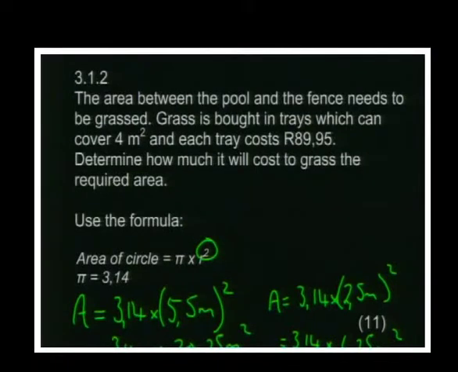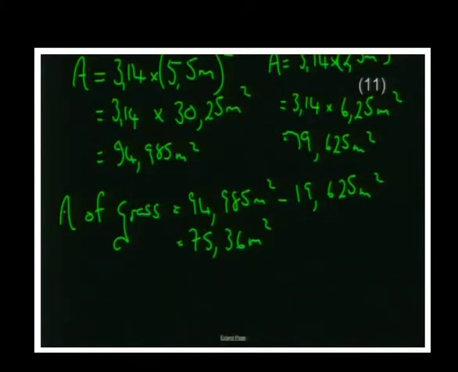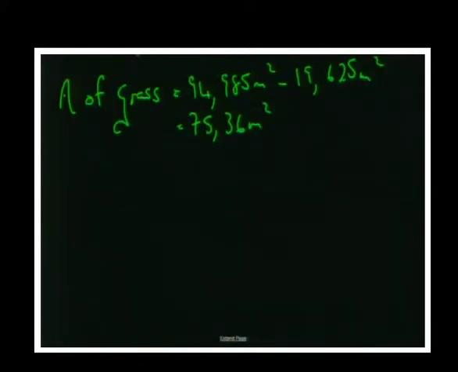Now, we know the cost of one tray. And we know that that one tray covers 4 meters squared. So how many trays do we need? Well, let's just clarify that. The question says one tray covers 4 meters squared. So we've got this area. Let's say the number of trays is going to be the 75.36 meters squared, and let's divide it by 4 meters squared.